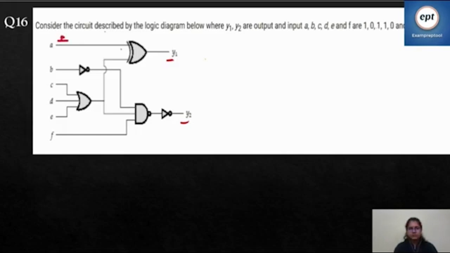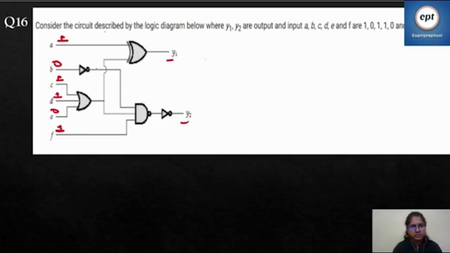For B, it is 0. For C, it is 1. For D, it is 1. For E, it is 0. For F, it is 1. Now let's check the output for y1 and y2.